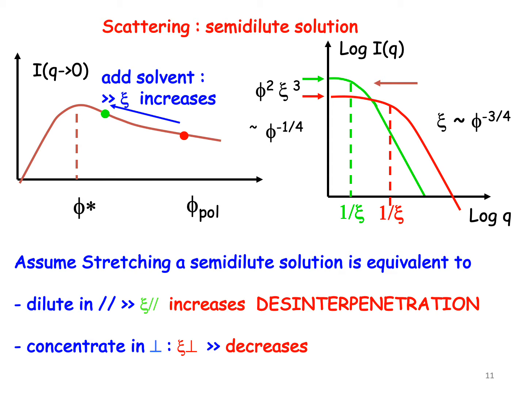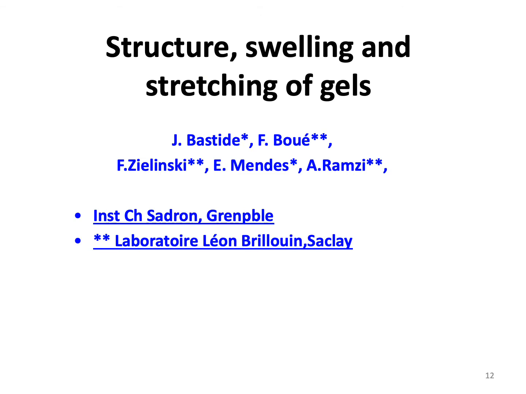They will occupy more volume and the scattering will be larger because the correlation length is larger. I agree, it seems a bit weird to consider stretching of a solution since solutions are flowing, but we can consider the case of shearing effects in this very viscous medium.